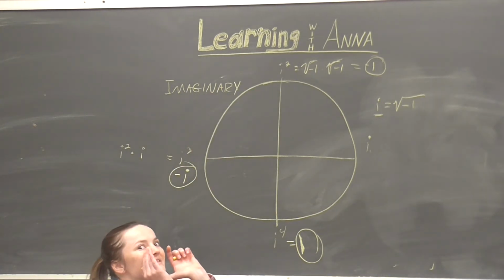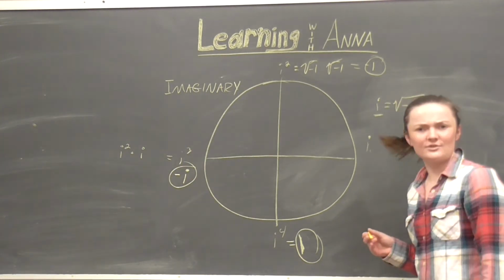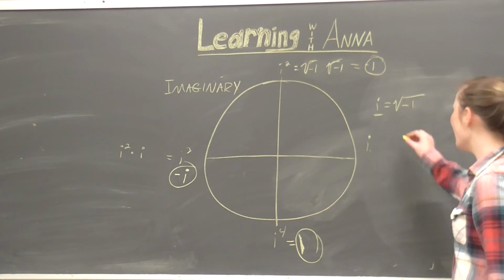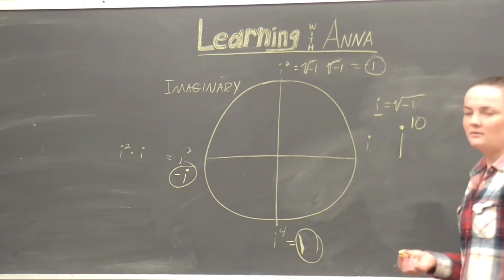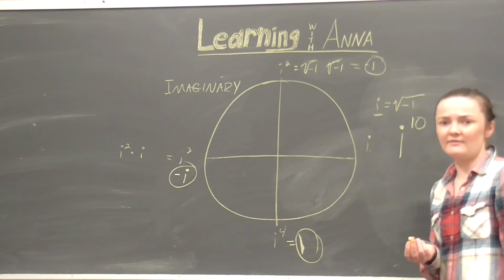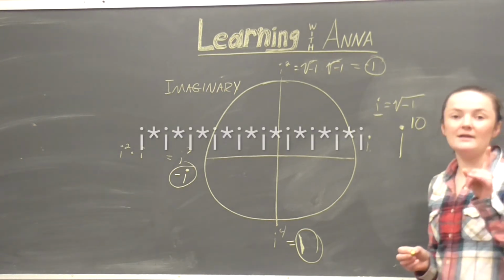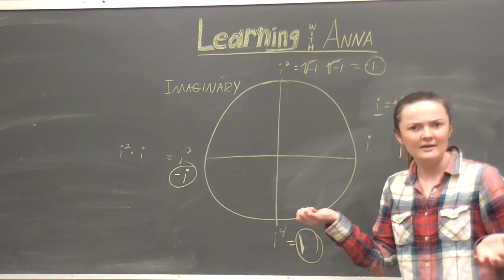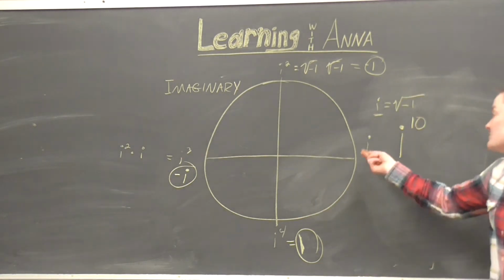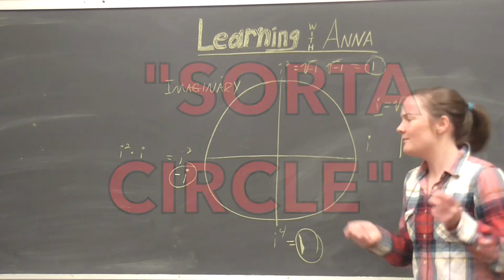How can I even use this? Well, that's a great question. What happens if I wanted to know what i to the 10th was? Well, I could try to figure it out in my head by multiplying i times i times i times i times i times i times i times i times i times i, or I could use my nifty circle.